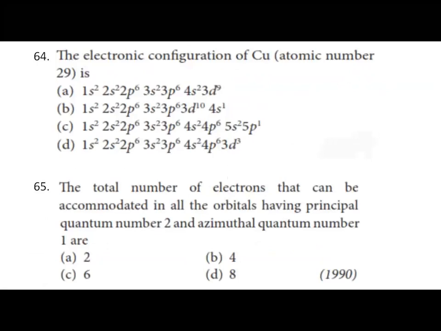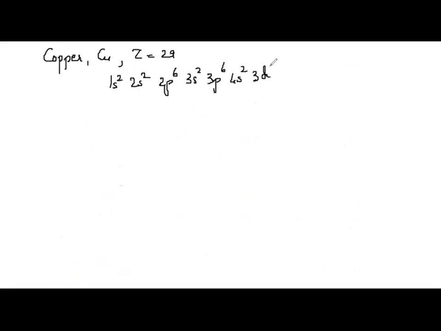The electronic configuration of Cu, atomic number of Cu is 29. Cu is copper, and the atomic number of copper is 29, according to which 1s2, 2s2, 2p6, 3s2, 3p6, 4s2, 3d9. Is it correct?